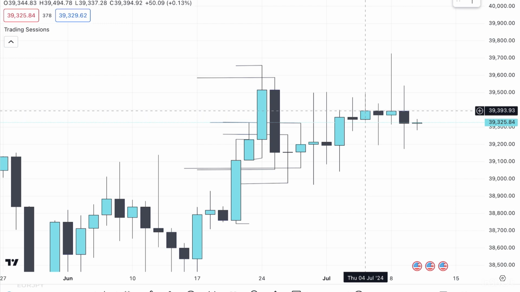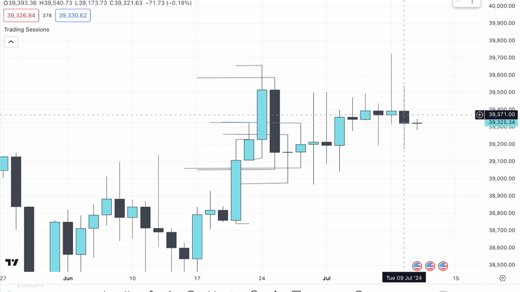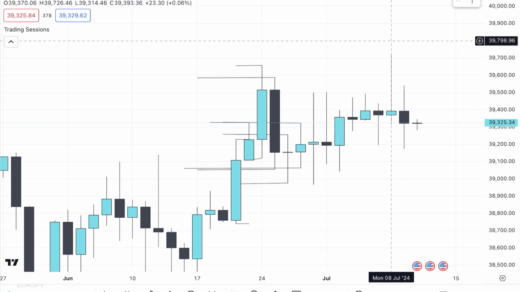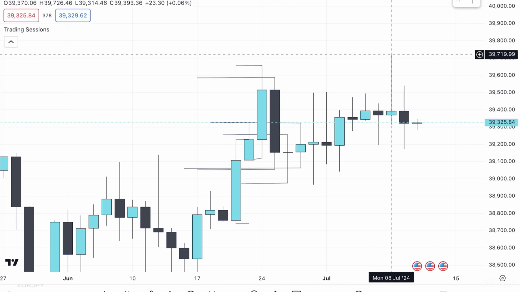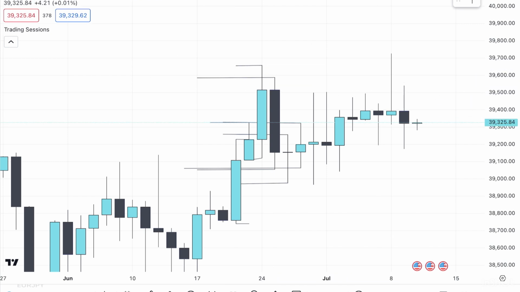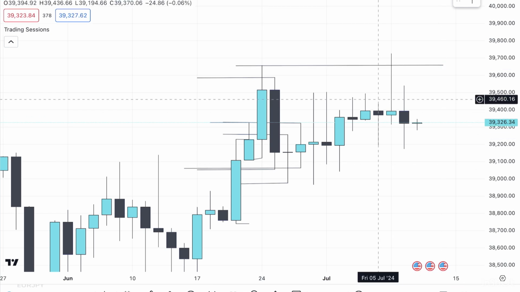And then the following day again, it opened here, pushed down before pushing up, or maybe it pushed up and took out this long-term liquidity. If you can see, this liquidity was not touched before, but it was taken out by this candle here.